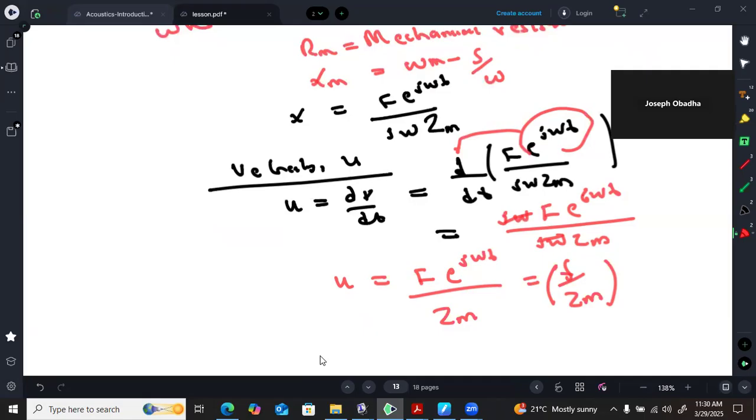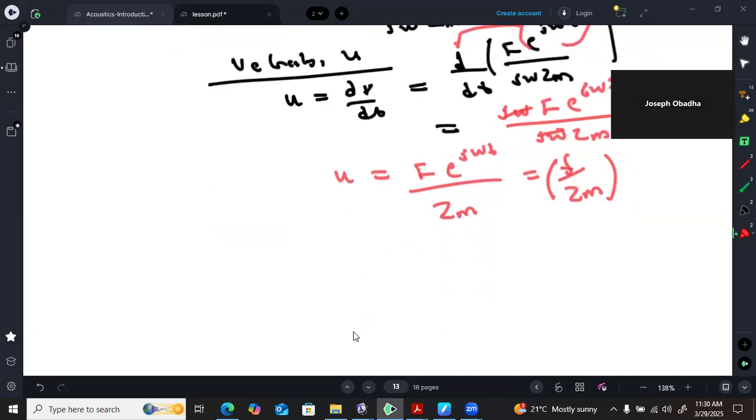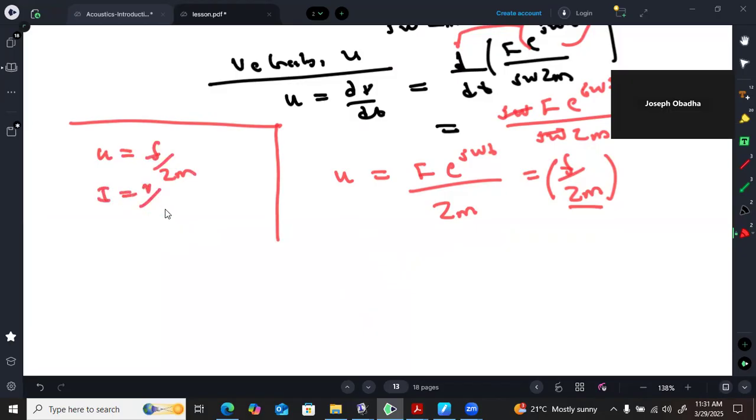In fact, if you look at this equation, we are saying velocity is equal to force over impedance. So we should start considering the analogies, because we are seeing that u equals F over Zm, and we also know from electrical circuits that current equals voltage over impedance.